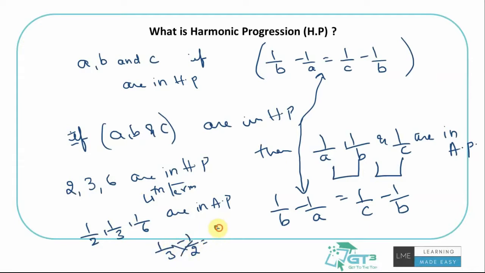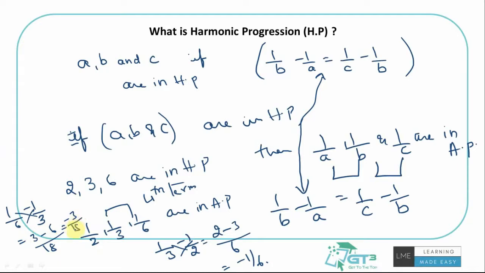That is (2 minus 3) by 6, which is minus 1 by 6. Similarly, the third and second term, 1 by 6 minus 1 by 3, will give (3 minus 6) by 18, which is minus 3 by 18, again minus 1 by 6. So the common difference is minus 1 by 6. That's why these are in AP.